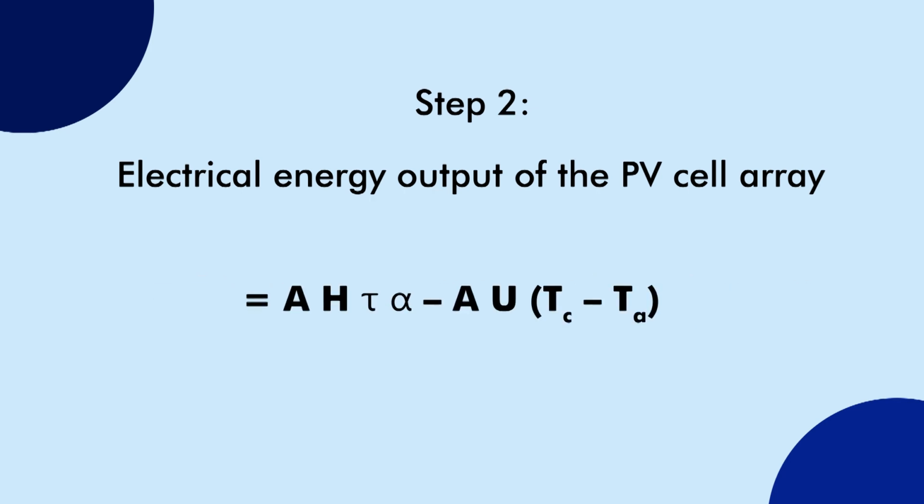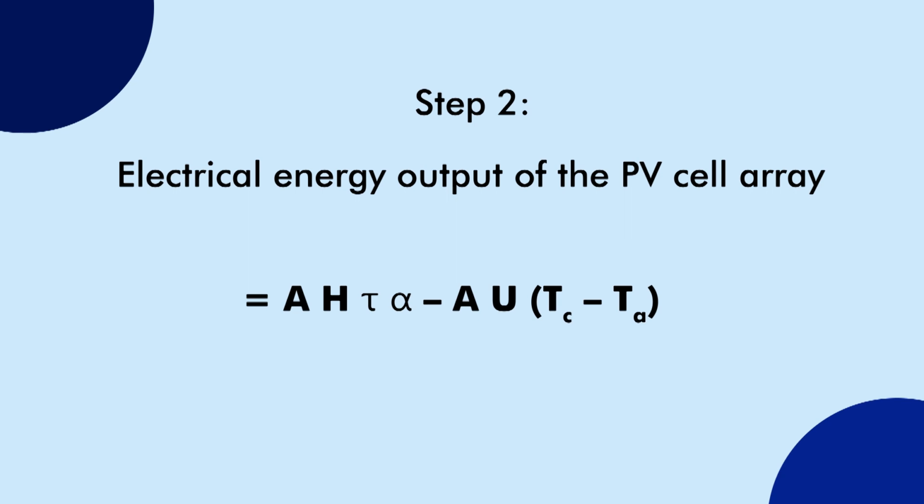Absorbed solar radiation can be written as A multiplied by H multiplied by tau and alpha, and energy lost to the environment can be written as A multiplied by U multiplied by (Tc minus Ta). This Tc minus Ta is basically the temperature difference.